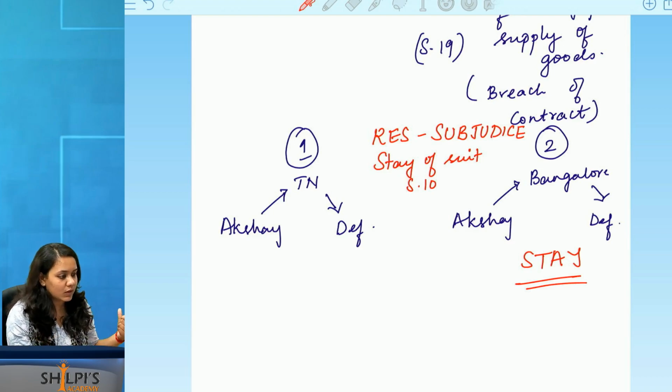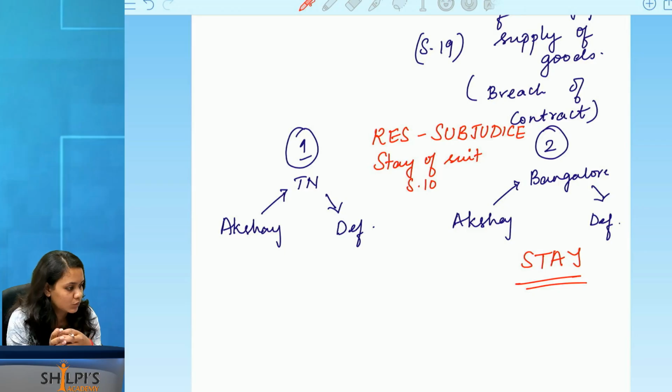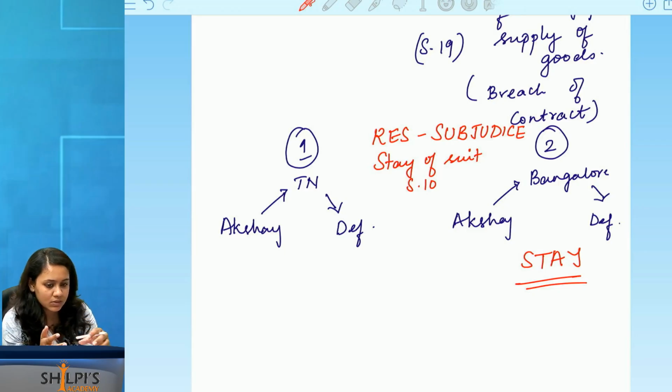Then if he ends up getting a summons even from the Bangalore court, he will go before the Bangalore court and say, Your Honor, this matter has already been instituted before the Tamil Nadu courts, and I ask that you put a stay to this suit until the Tamil Nadu court has given a decision. Okay, and it's a simple matter of putting a pause to your proceedings.